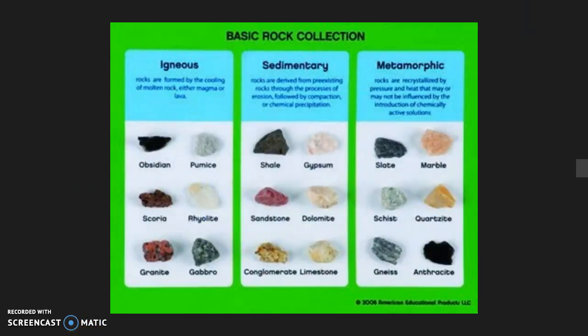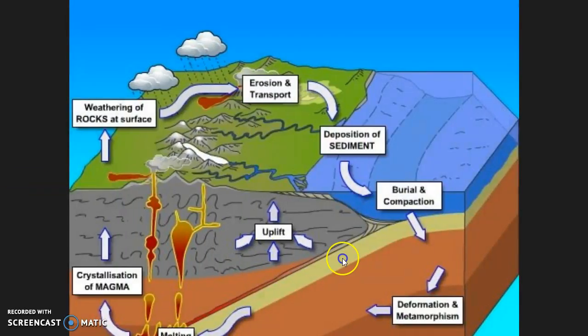Here, let me show you some examples of metamorphic rock. Marble, slate, quartzite, all these are metamorphic rocks. So they become kind of crystallized. And then after the metamorphic rock gets buried deep under the ground, it becomes so hot that it becomes igneous rock again, because it gets melted and then gets pushed back up.